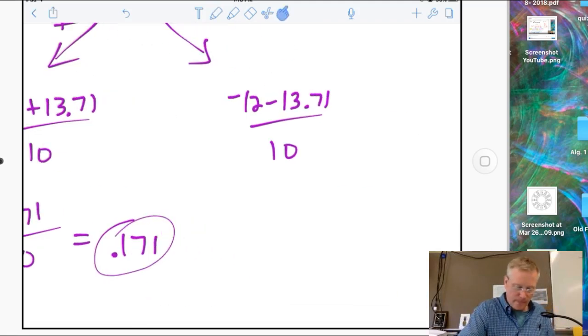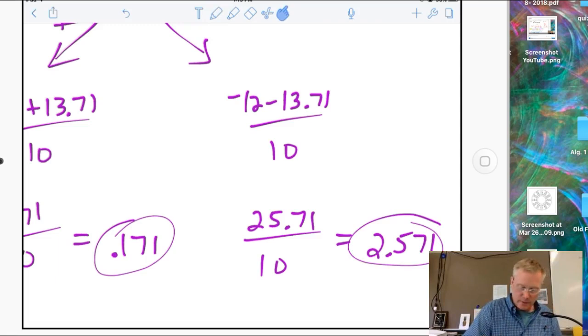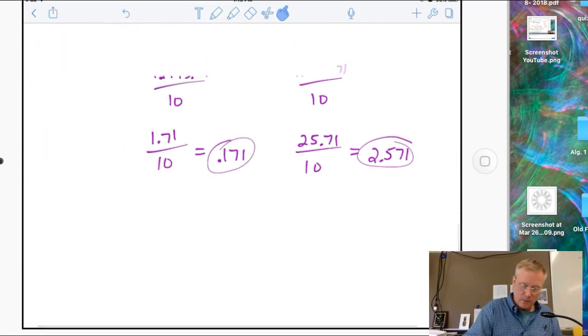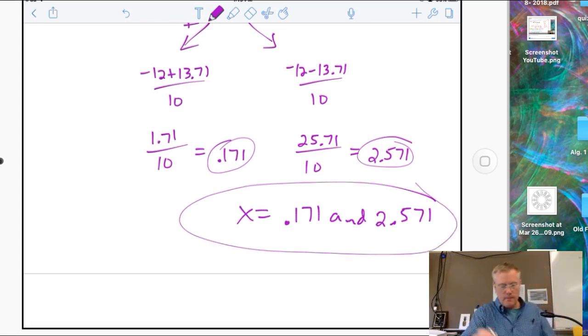The other one, when I take negative 12 minus 13.71, I get negative 25.71 divided by 10, which is negative 2.571. And there's my answers. x equals 0.171 and negative 2.571. Okay, and that was it.